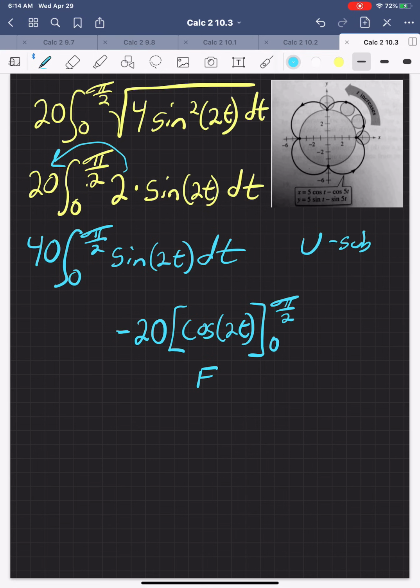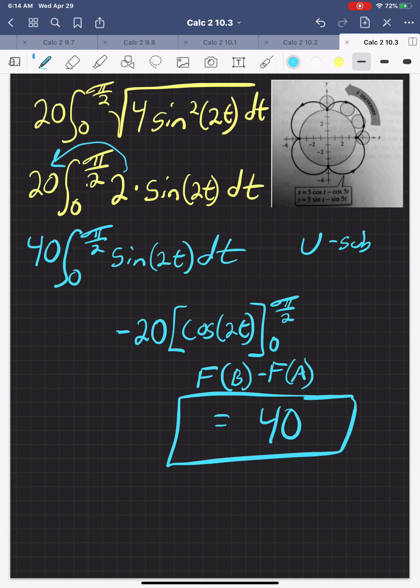So f of b minus f of a gets us to 40. There it is. There's the exact arc length. No decimals, none of that silly stuff. All right, I will see you in the next video.